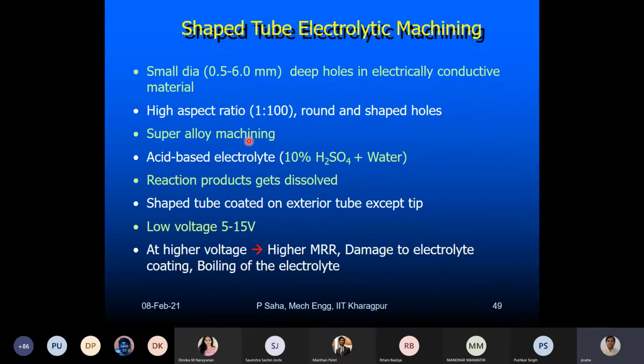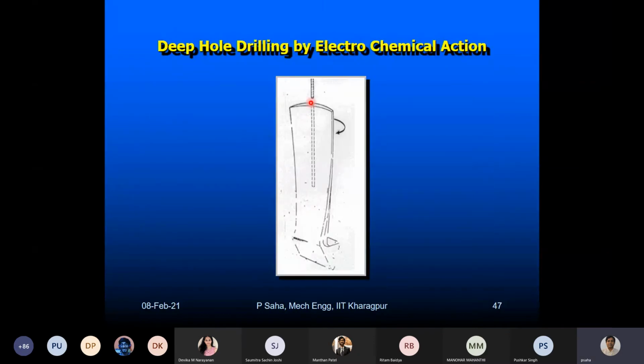Normally, when we go for very deep, high aspect ratio holes, why not use sodium chloride, an aqueous solution of sodium chloride? The problem is that sodium chloride solution in a ferrous material creates reaction products which are insoluble, and these are removed during flushing. But for such deep hole operations, proper flushing and removal is really difficult.